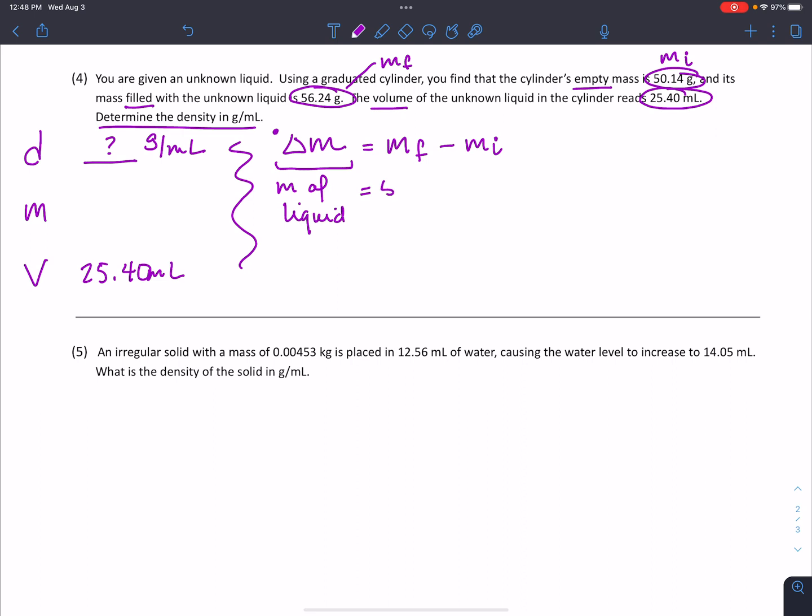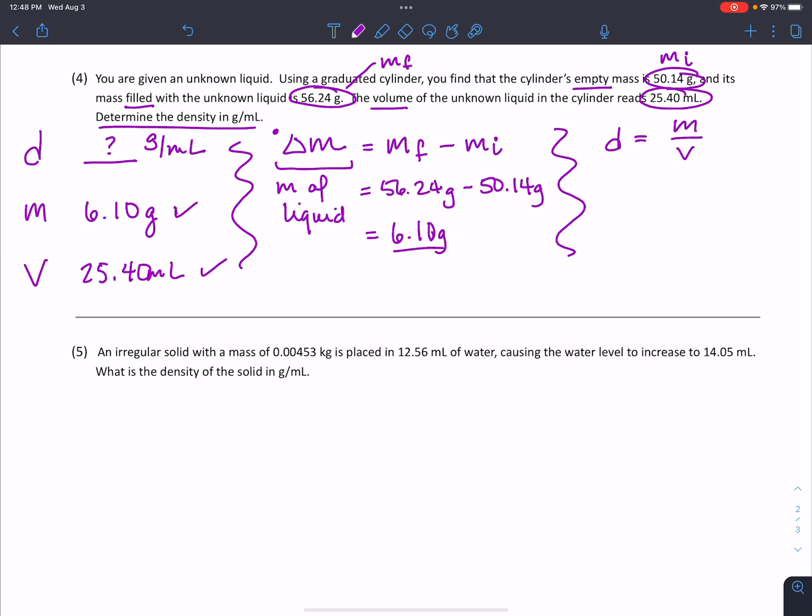So we take our 56.24 grams and we subtract from that 50.14 grams, and we find that the difference in those two mass values is 6.10 grams, and that is the mass of our liquid. All right, so now we have a mass value and we have a volume value. So we can go into our density formula, which is mass divided by volume, and we plug in those values, 6.10 grams.